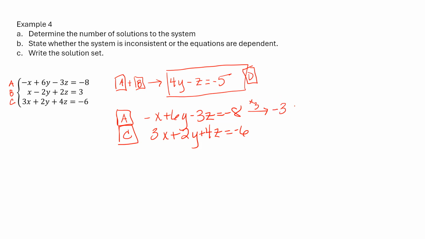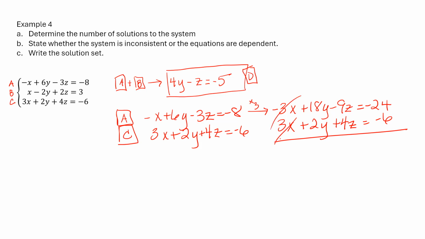So that'll be negative 3x plus 18y minus 9z equals negative 24. Equation C is just the same. Now when I add them together, the x's cancel, and I end up with 20y minus 5z equals negative 30. We'll call this new equation E.